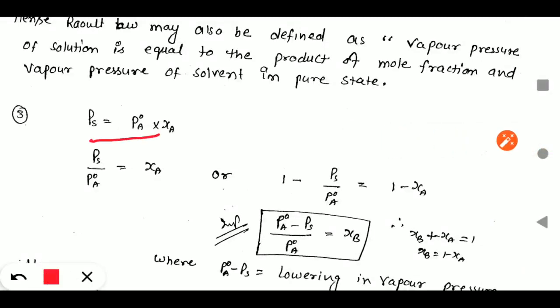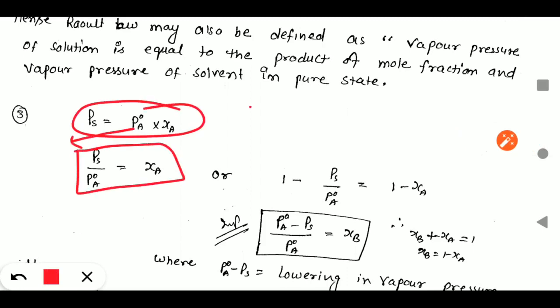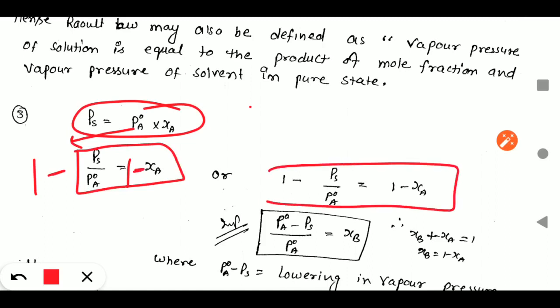Bring this XA just below the PS. Not XA, PA only. So when you bring this P naught A, the equation will be like this. Now subtract both parts from 1, meaning this one also from 1 and this one also from 1. So it will be the equation.